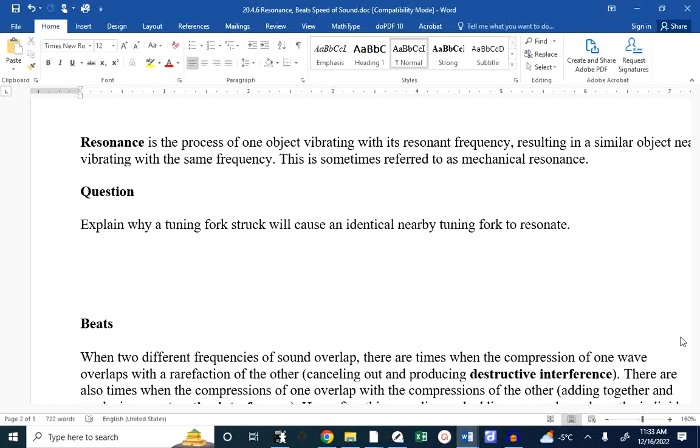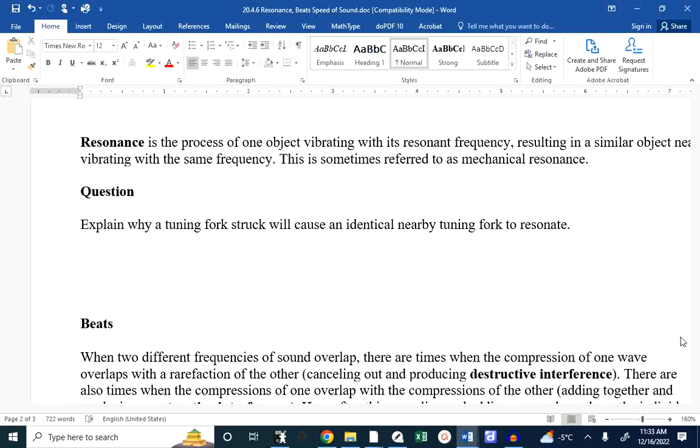So why does a tuning fork struck cause an identical tuning fork nearby to resonate? Because they both are capable of vibrating at that frequency. And it's the air that's making contact. What's happening is this tuning fork here, when I strike it, it causes the air right next to it to vibrate back and forth with whatever this frequency is.